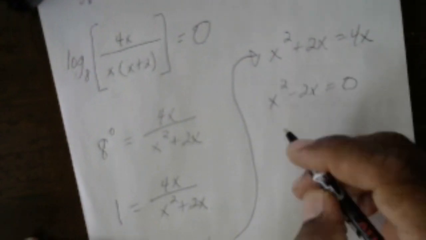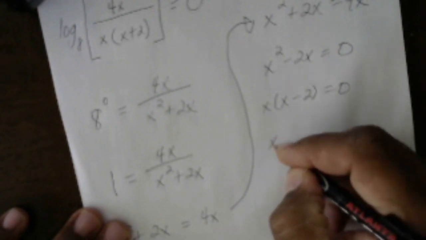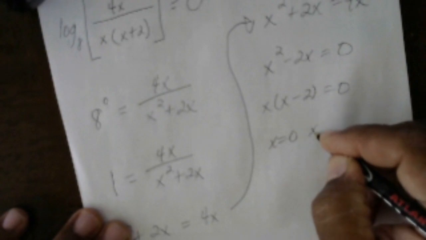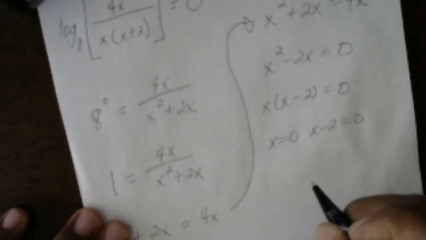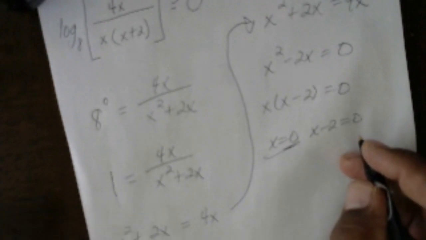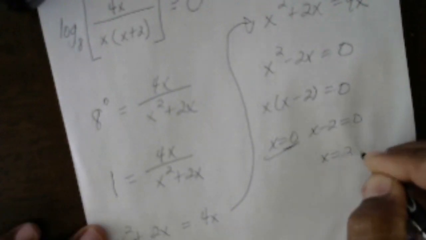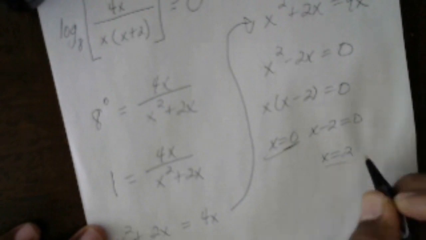I'm going to factor out x. I want to use the 0 factor property. So I have one solution here, x equal to 0. Here I'm going to add 2 to both sides. And I have x equal to 2.